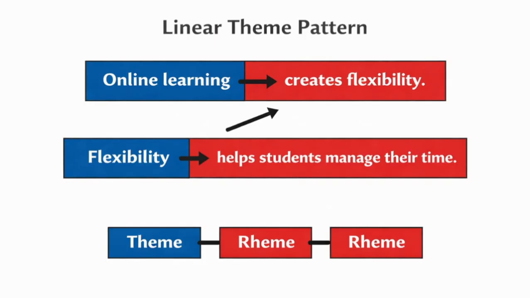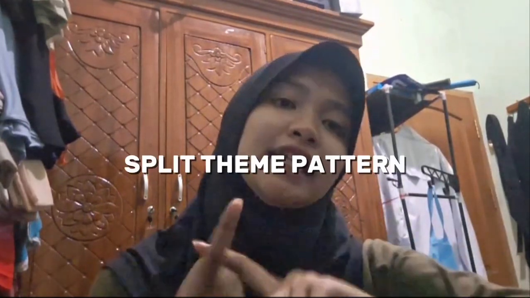This creates a smooth flow of ideas between sentences. And the third one is the split theme pattern. The split theme pattern introduces multiple ideas which later become different themes. This pattern often appears in longer academic texts.